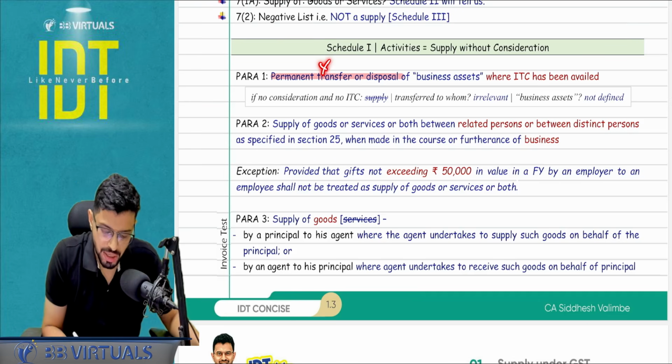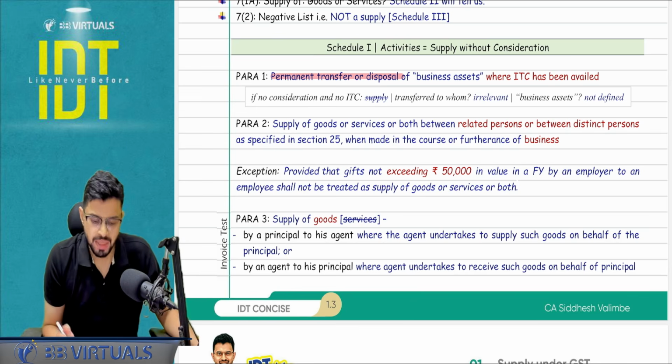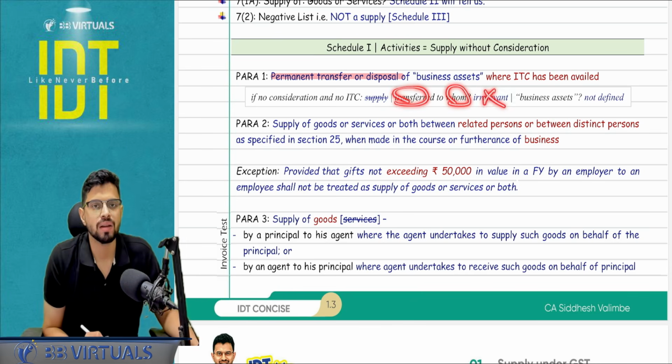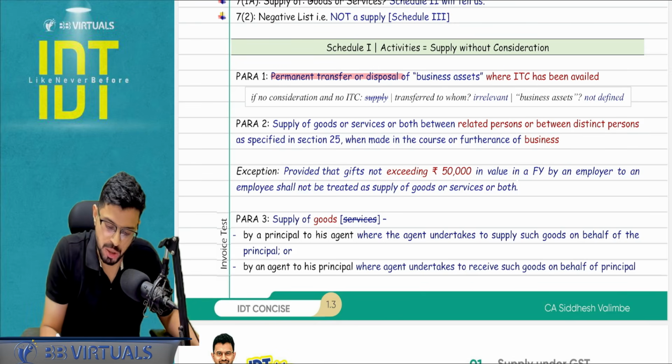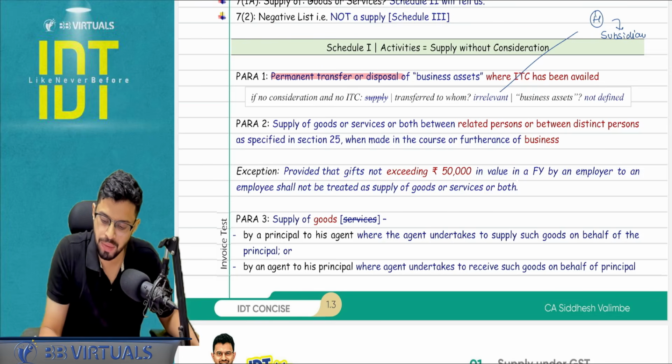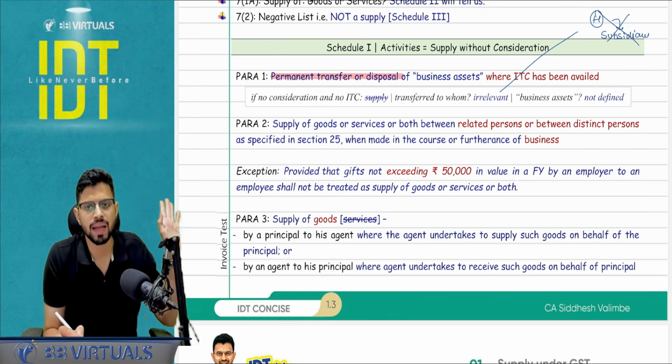Sir, if no consideration and no ITC, schedule 1 para 1 is not applicable. Sir, I'm transferring it to whom? Irrelevant. The question may try to confuse you that a holding company has transferred the asset to its subsidiary company. I don't care. If ITC was taken and permanently transferred, it is a deemed supply.